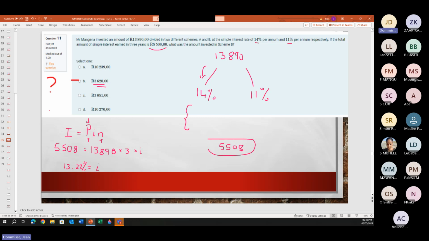But it's really a difficult one. If we say 3620 divided by 5508, it's also not even easy to say the percentage split. I need to think about this one a bit longer.